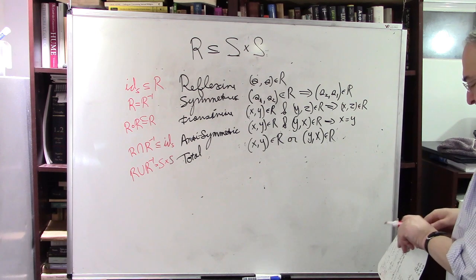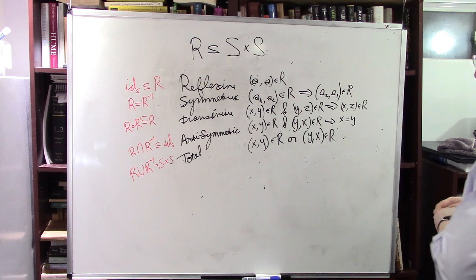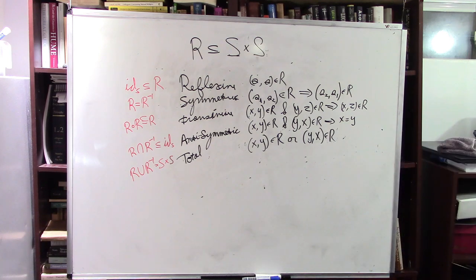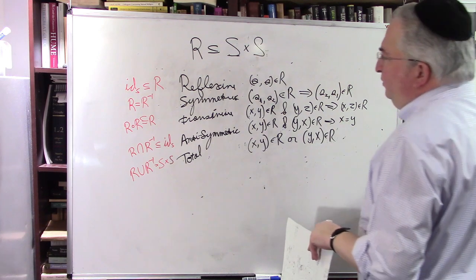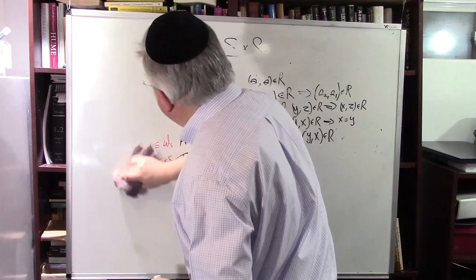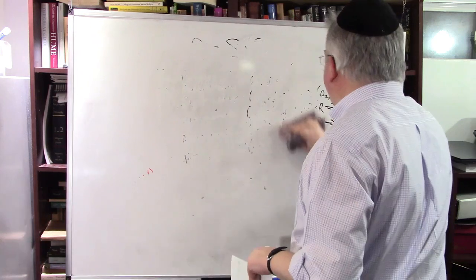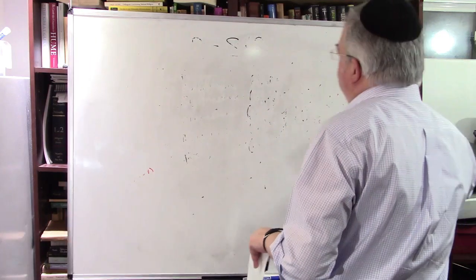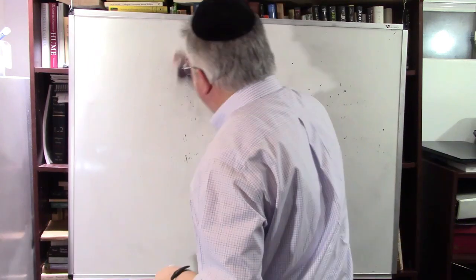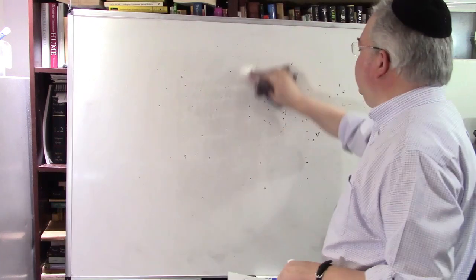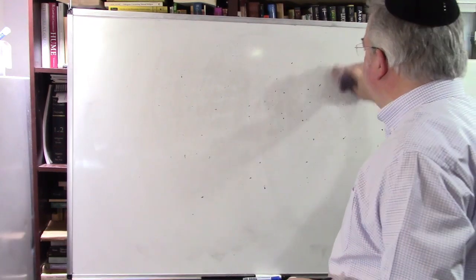Okay, so that's nice. There's a nice Venn diagram that goes along with this. I'd like to do that. I'm sorry, I got to use the thick marker, and the thick marker doesn't erase so nicely, but that's okay.